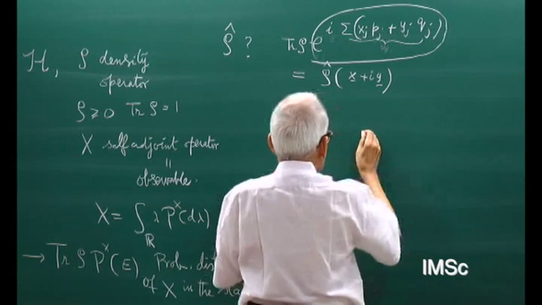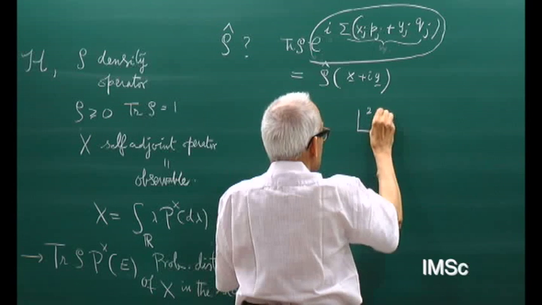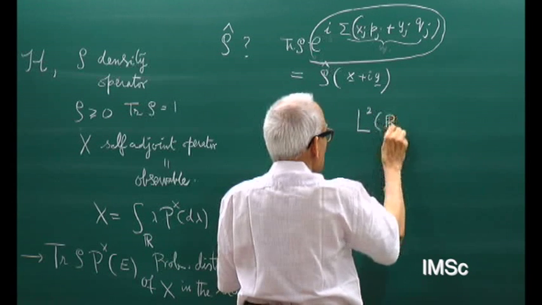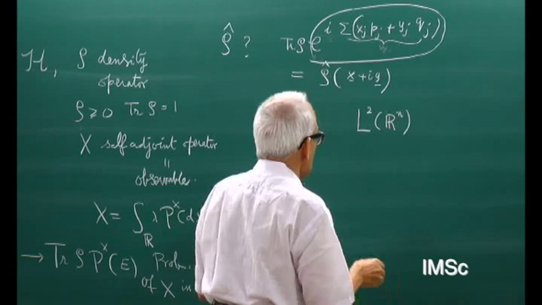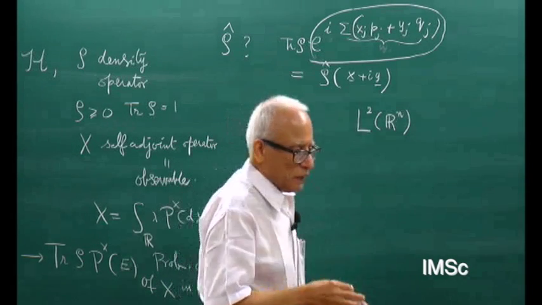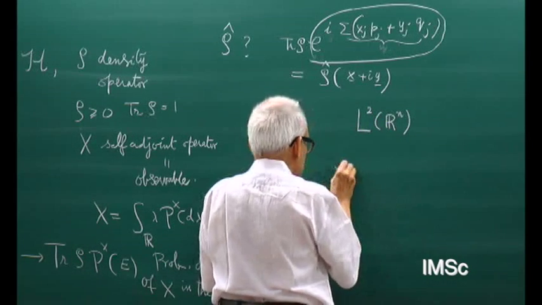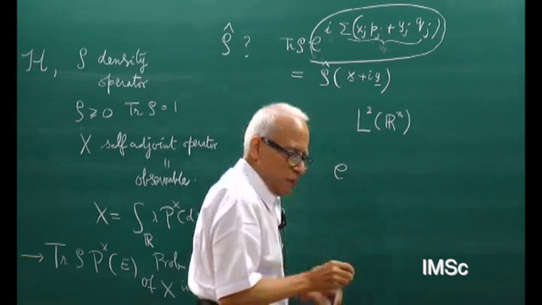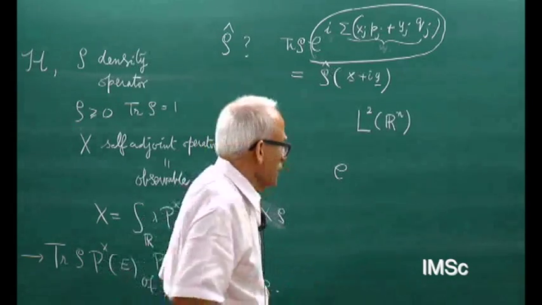So, in order to execute that, I look at L2 of Rn and then I introduce what are called the coherent vectors. These coherent vectors are very interesting vectors. They come in all kinds of places, not only in quantum theory, but also in modern financial mathematics for some reason.